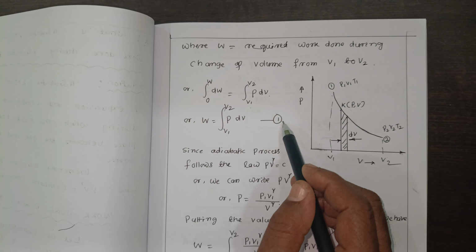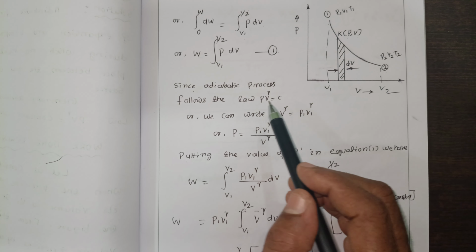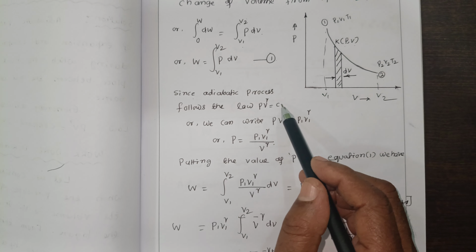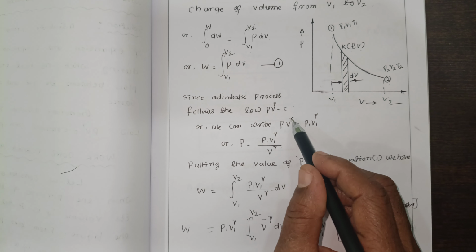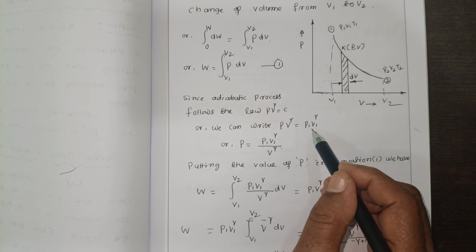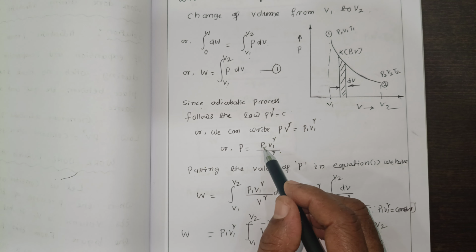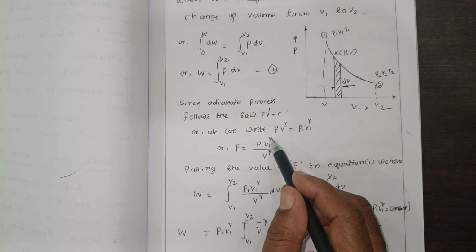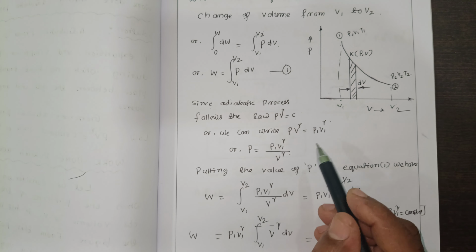This is equation 1. Since adiabatic process follows the law P V to the power gamma is equal to constant, we can write P V to the power gamma is equal to P1 V1 to the power gamma, or P is equal to P1 V1 to the power gamma divided by V to the power gamma.